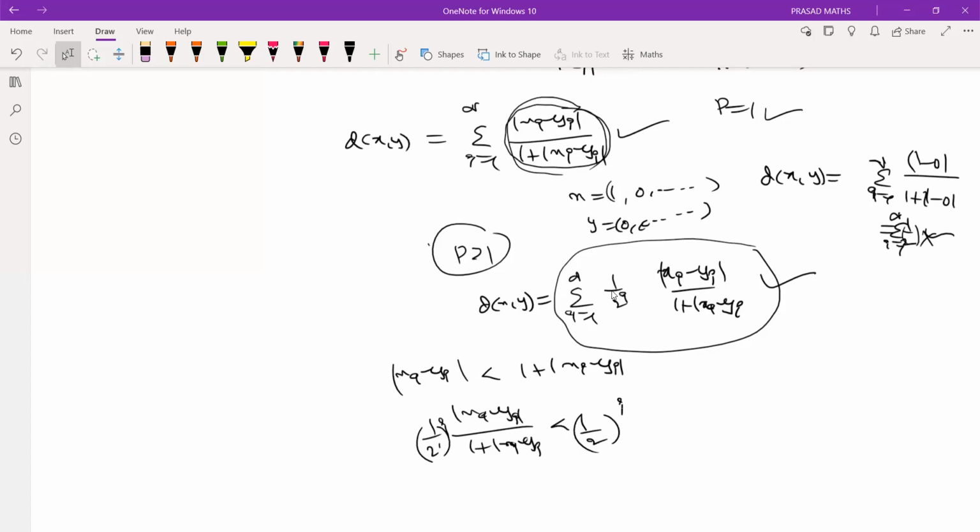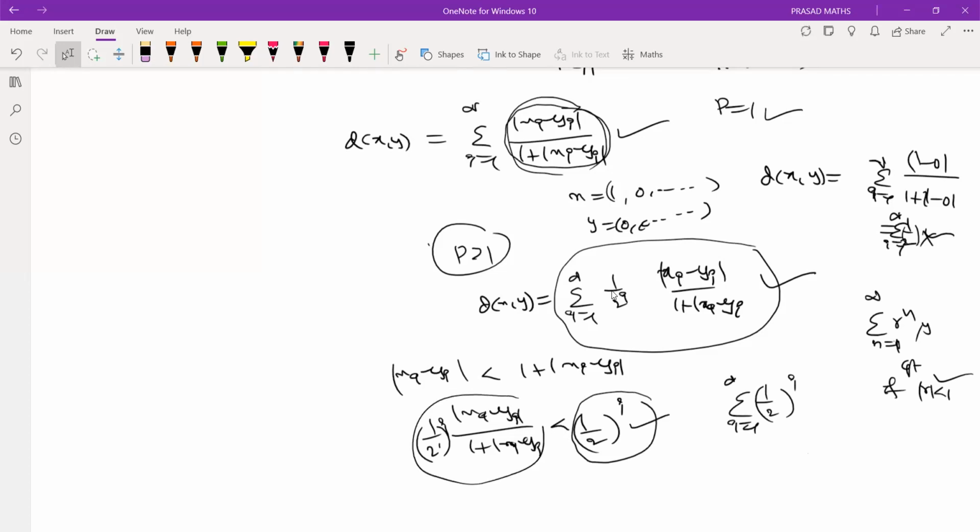This is the geometric series. The sum of r power n is convergent if and only if r is less than 1, so by comparison test, this series is always convergent.